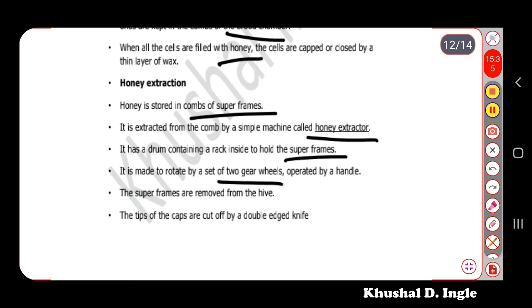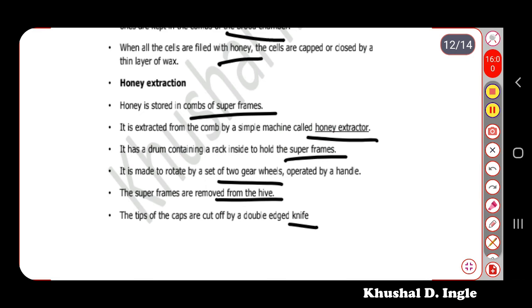Then the super frames are removed from the hive. If we want to remove the honey, first of all we have to remove the super frames from the super chambers. Then the tips of the caps are cut off by a double-edged knife. We use one knife to uncap or remove the caps which are sealed.